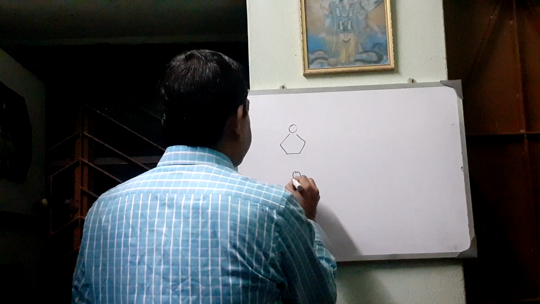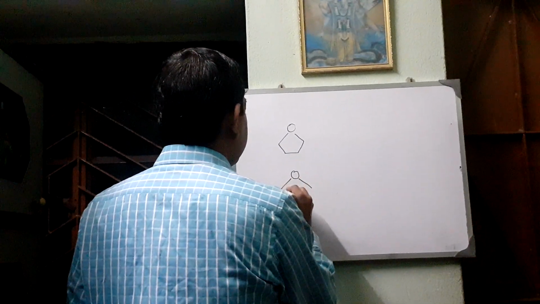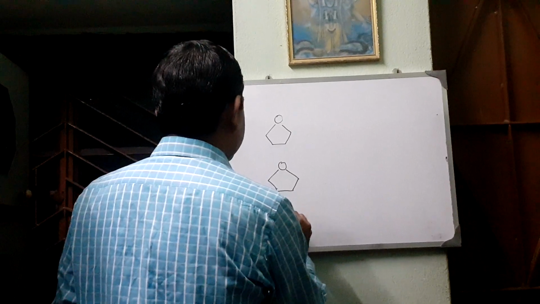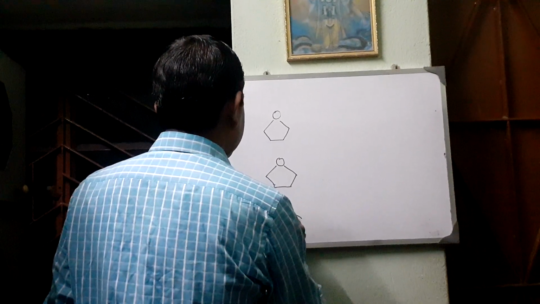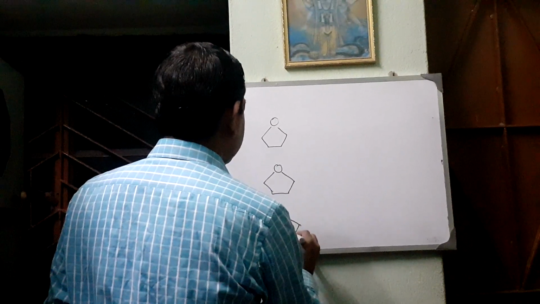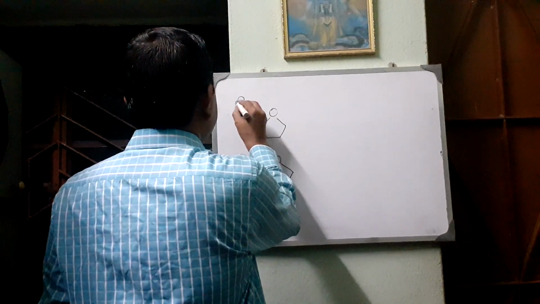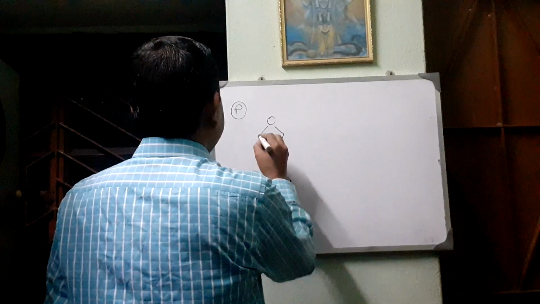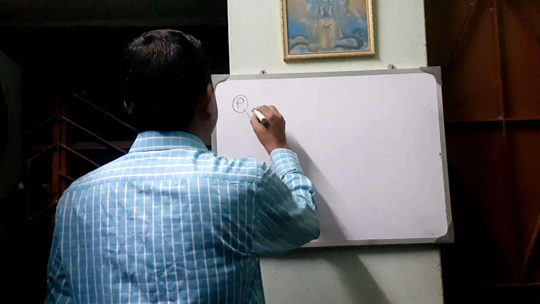It is the structure of one strand, the ribose backbone. Here the phosphate group will be present, and this is the 3 prime, and this is the 5 prime.